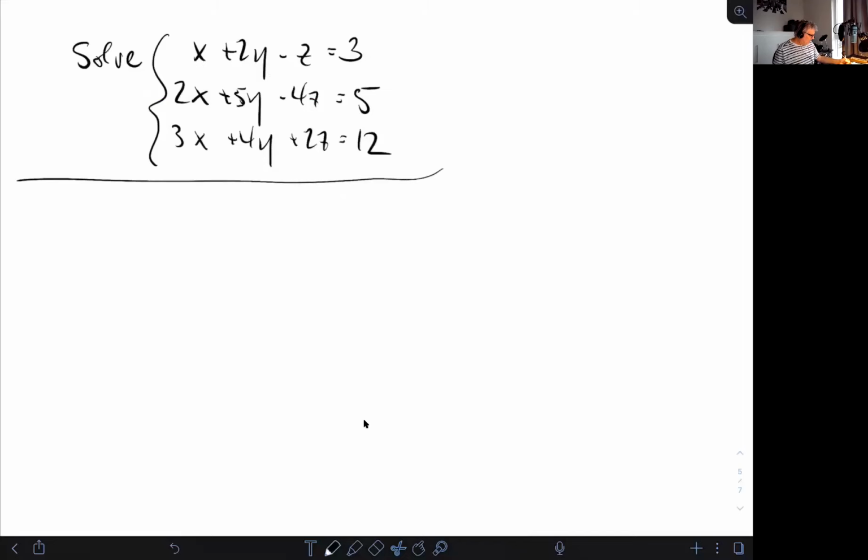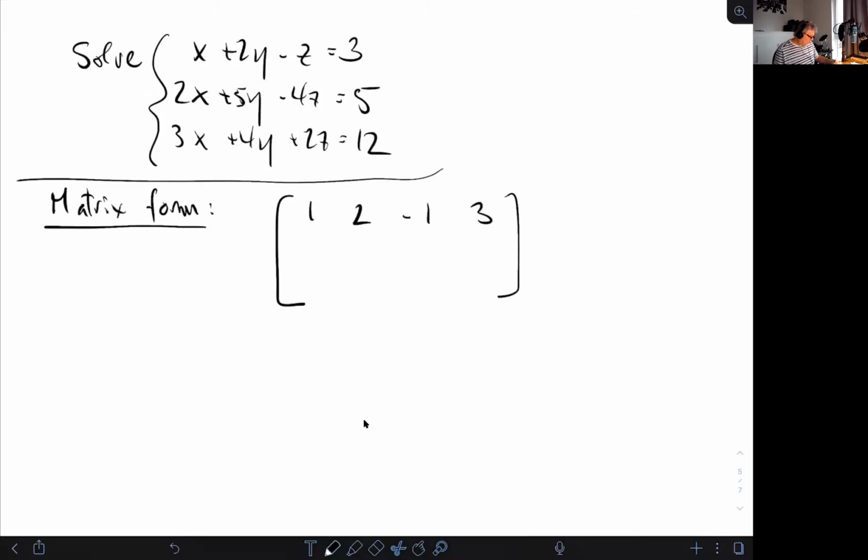Okay, so I'm going to write this in matrix form for sure. Okay, so this is it. 1, 2, minus 1, 3. 2, 5, minus 4, 5. 3, 4, 2, 12.